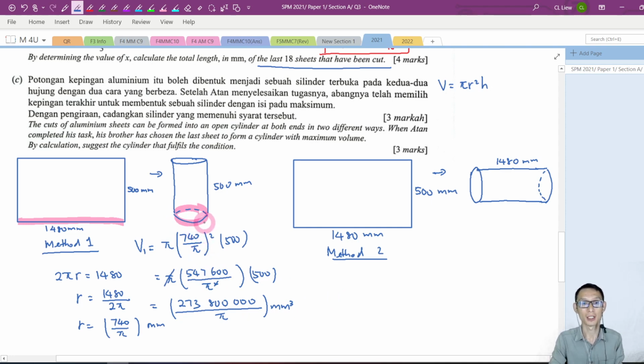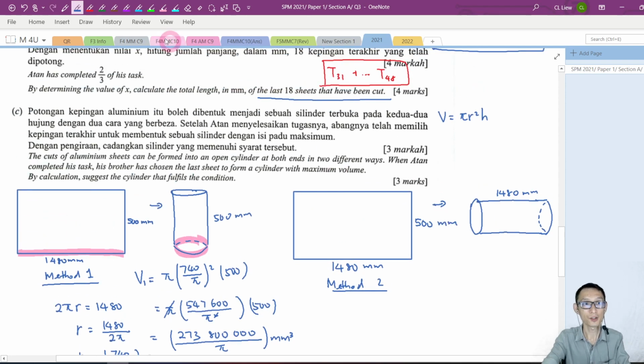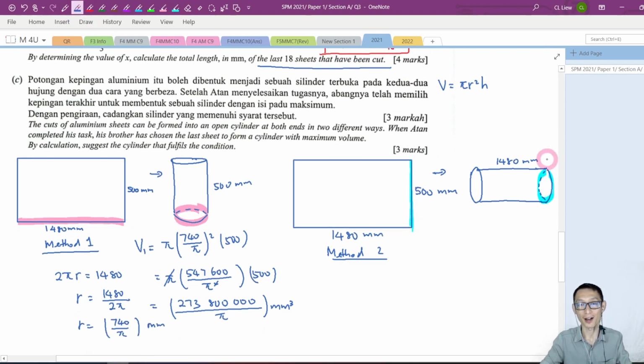Of the cylinder form. Now using the same method, find the volume for the cylinder which form using the second method. Okay, same thing, but this time the base is over here, right? This is here, which is here. Now from here we know that 2 pi r, the circumference of the circle, 2 pi r is equal to this. So 2, let me use another color.